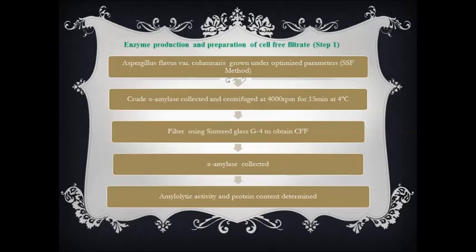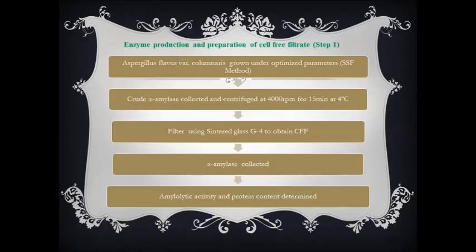Step 1. Enzyme production and preparation of cell-free filtrate. Aspergillus flavus var. columnaris was grown under the optimized parameters using solid-state fermentation conditions as previously mentioned by L. Safian, 2002.